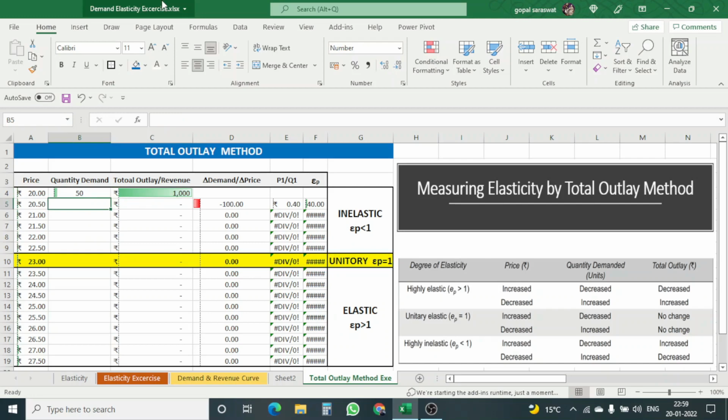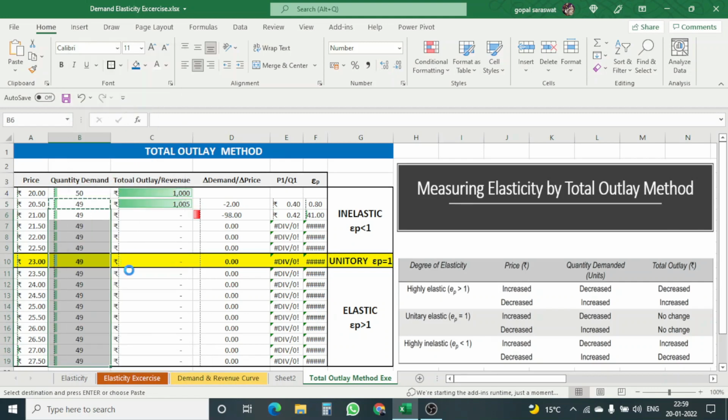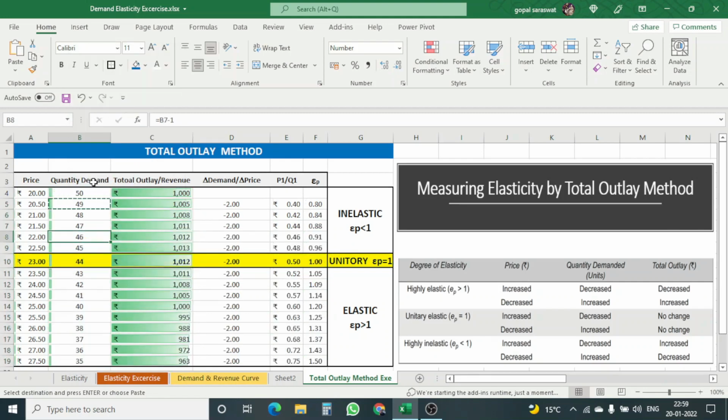Then I am saying my quantity demand is going to decrease. Every time I increase price by 50 paisa, let's say hypothetically, my quantity demand will decrease by 1 unit. This becomes 49. If I copy and paste it as a formula, I can see how my quantity demand is decreasing at each stage when the firm is increasing the price.